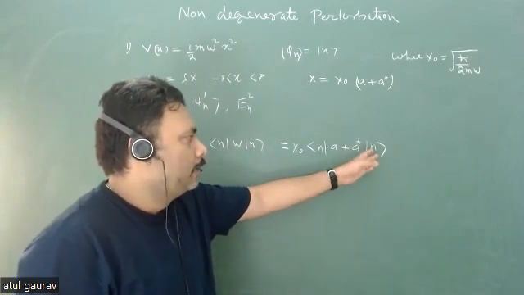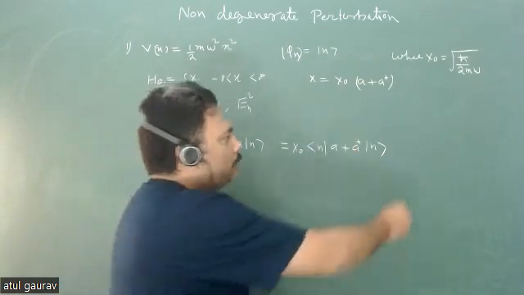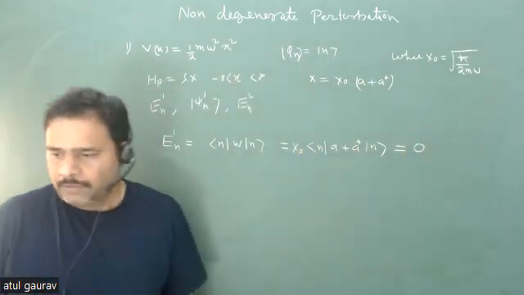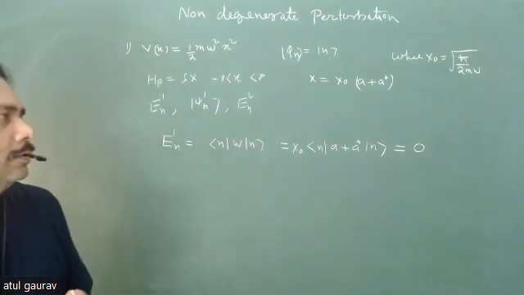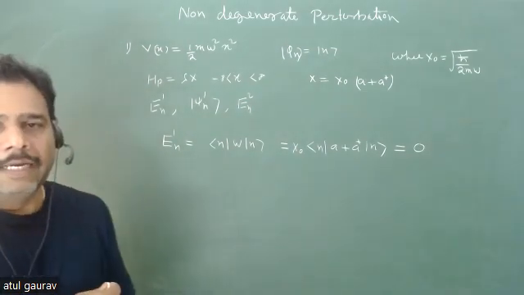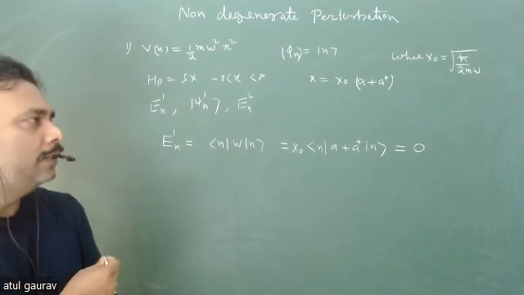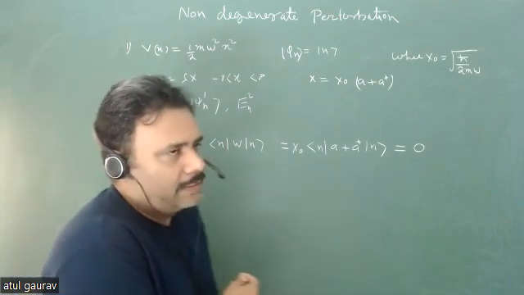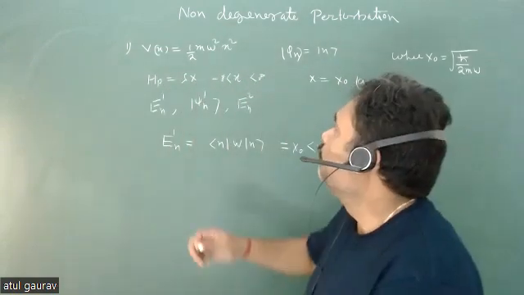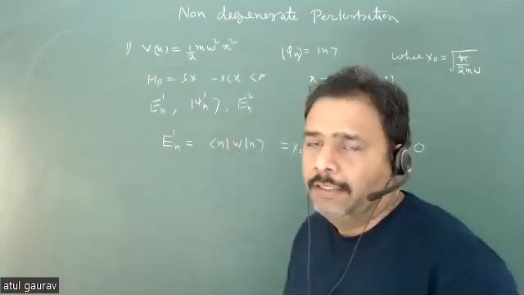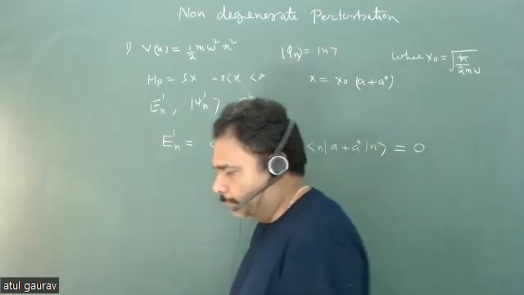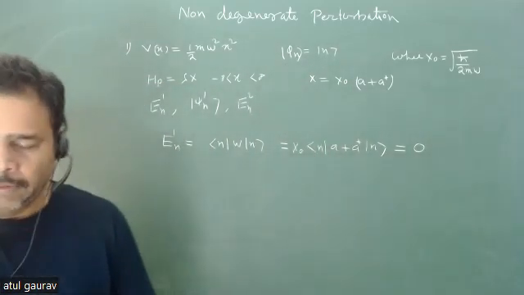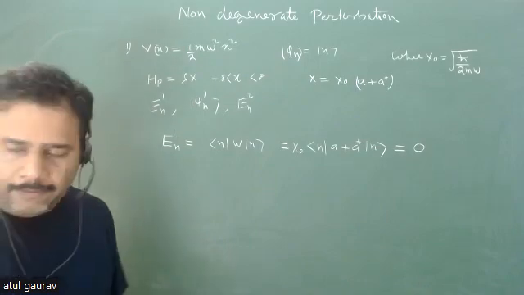A dagger will operate on n, that will give n plus 1. So formally this value is equal to 0. So ये value क्या हो जाएगा? 0. Yes? Everyone is comfortable? और वैसे भी आपको पता है कि average value of x in a harmonic oscillator for this particular potential is equal to 0. आगे बढ़े?